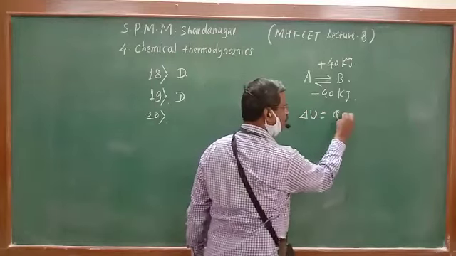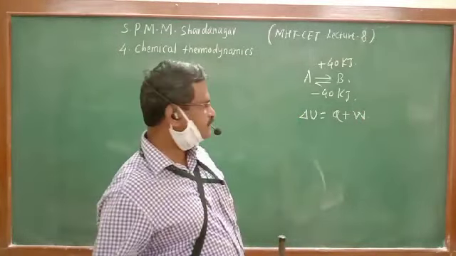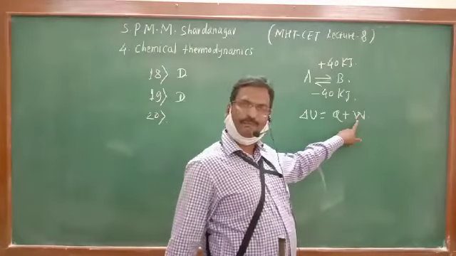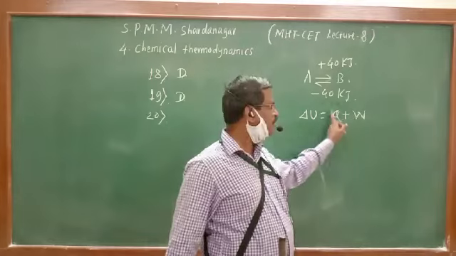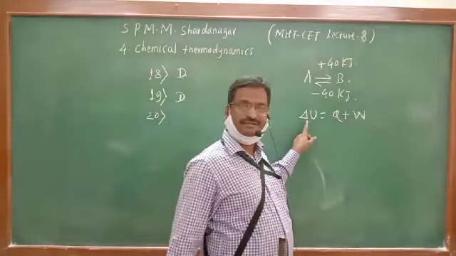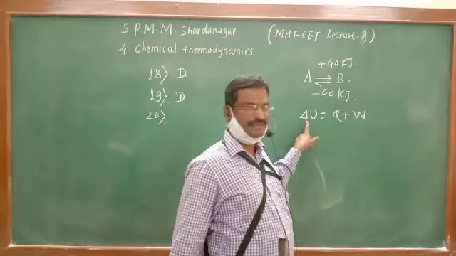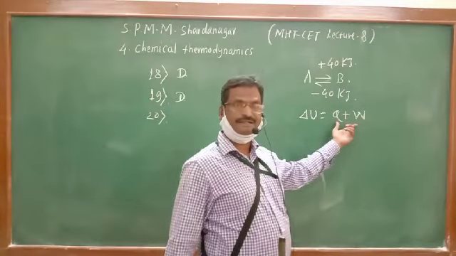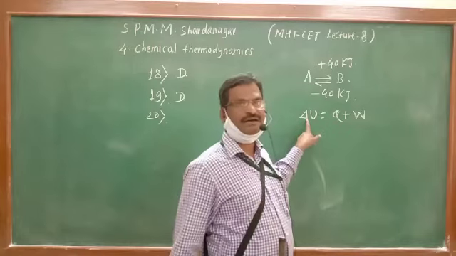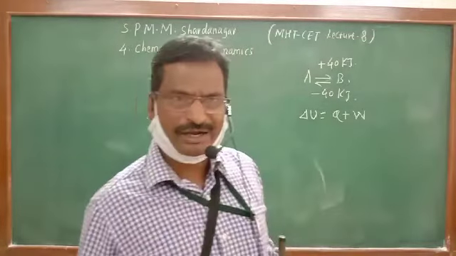Delta U will be equal to Q plus W, where Q is heat absorbed by the system and W is work of compression. Both are path functions, but their summation is the change in internal energy. It is a state function. The summation of two path functions is a state function, and this is the mathematical equation of the first law of thermodynamics, and that we have to identify.